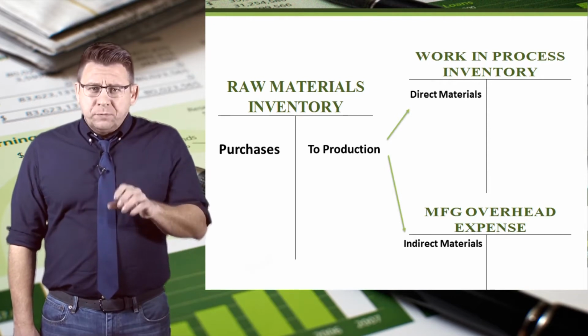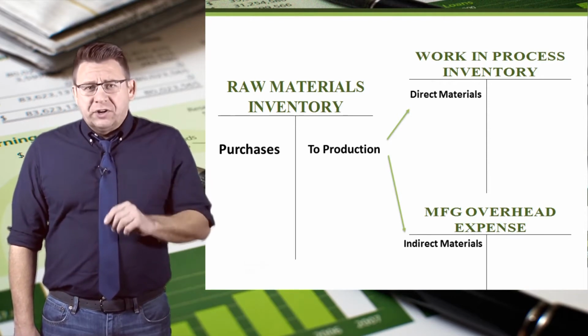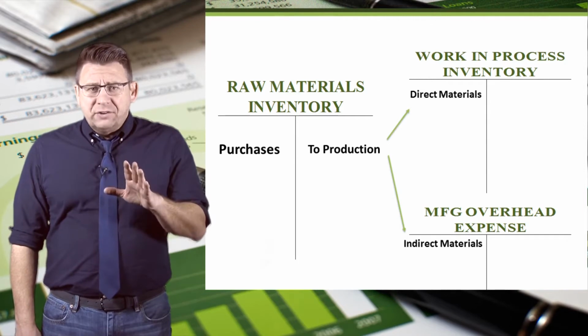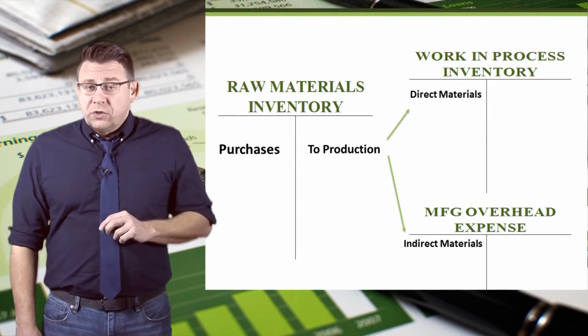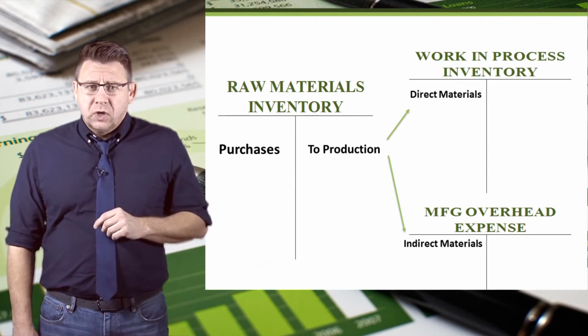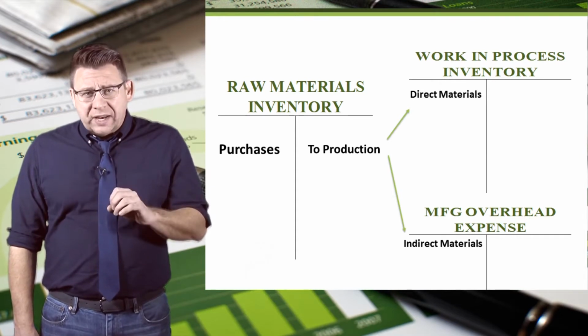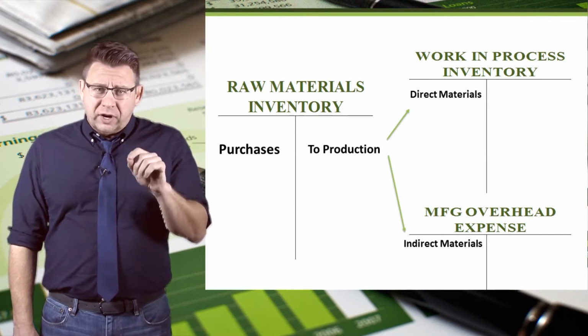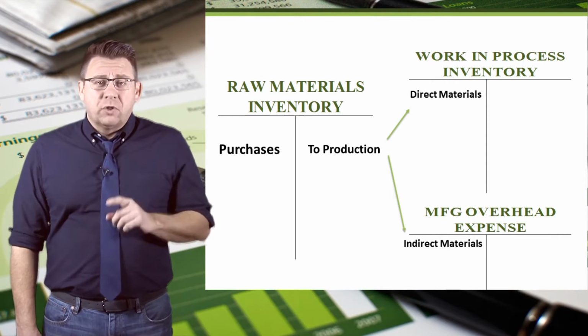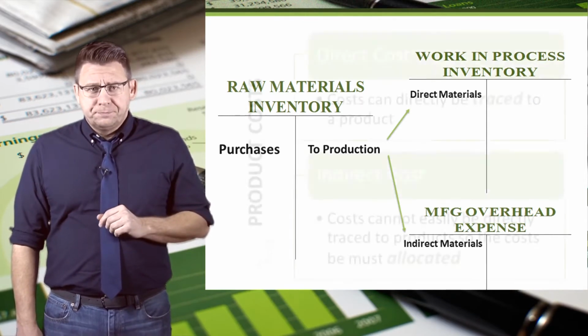In accounting, we credit raw material inventory and debit work in process for the direct materials. Raw materials are credited and manufacturing overhead expense is debited for the indirect materials.